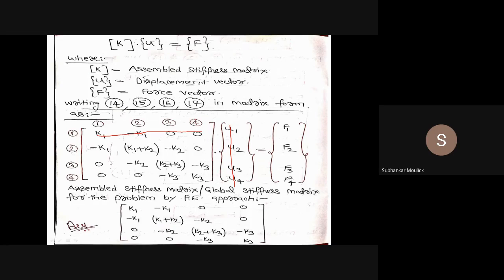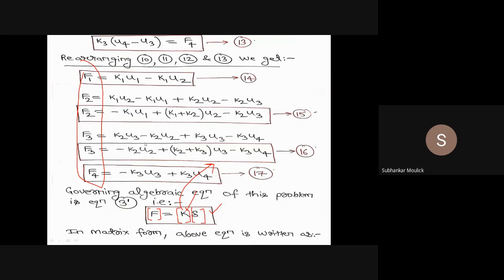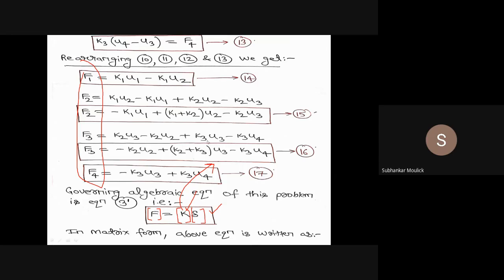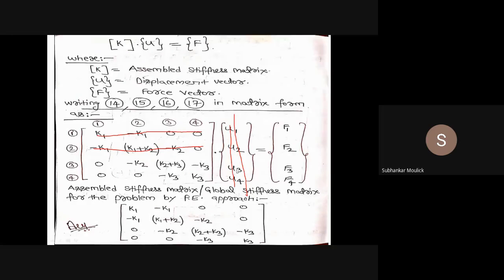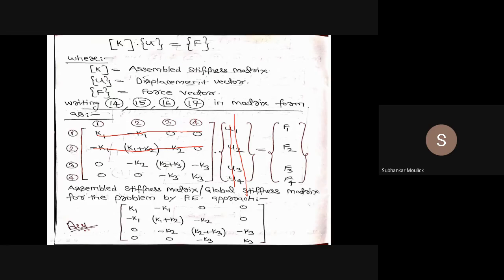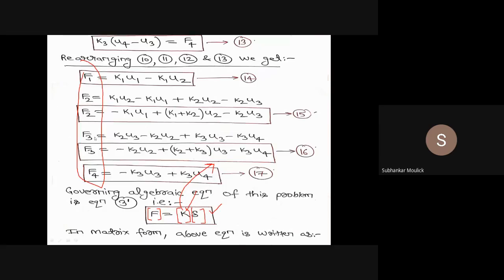Check the second equation, whether F2 is coming or not. Matrix multiplication will be second row into this column. That means minus K1 U1, plus K1 plus K2 into U2, minus K2 into U3, plus 0 into U4, which is equal to F2.